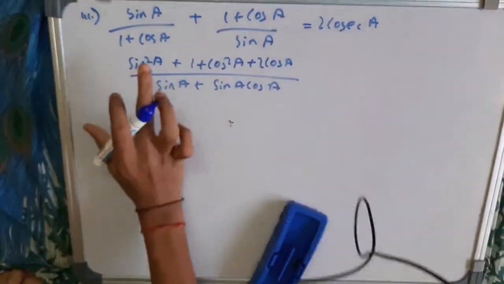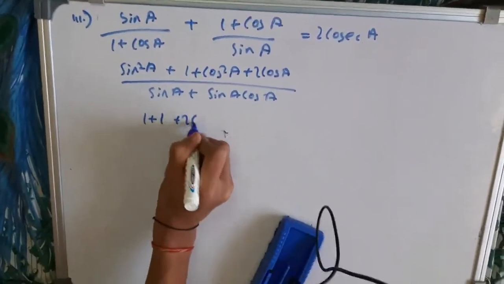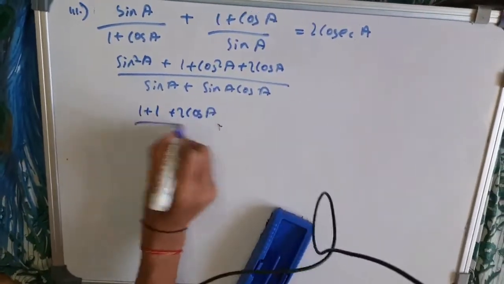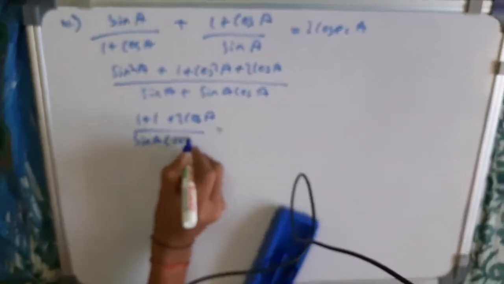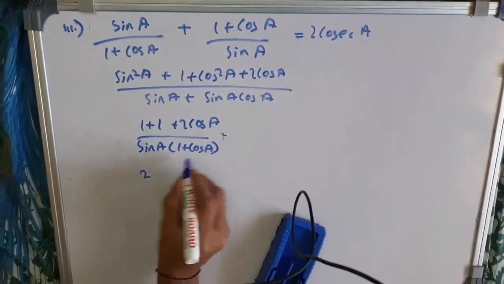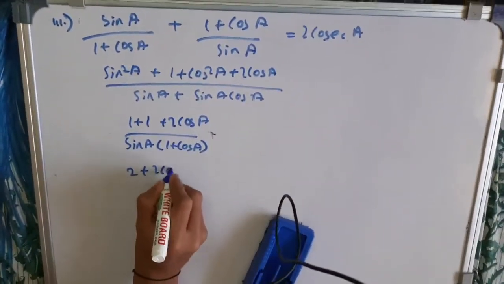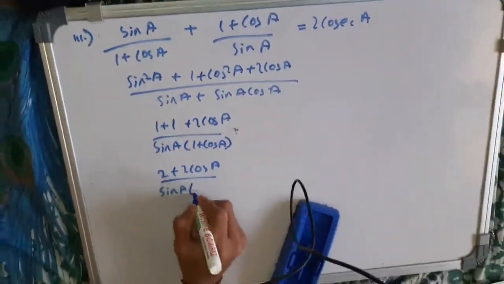Now sin square a plus cos square a is 1, so 1 plus 1 plus 2 cos a upon sin a common, 1 plus cos a. Here it will become 2 plus 2 cos a upon sin a common, 1 plus cos a.